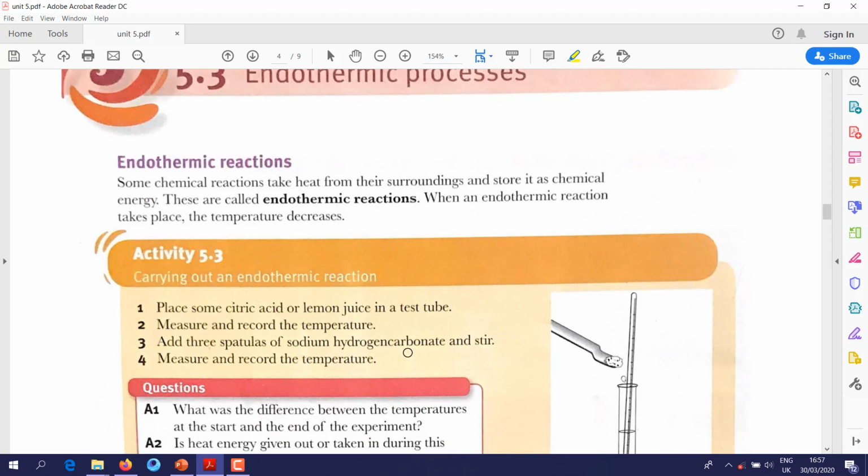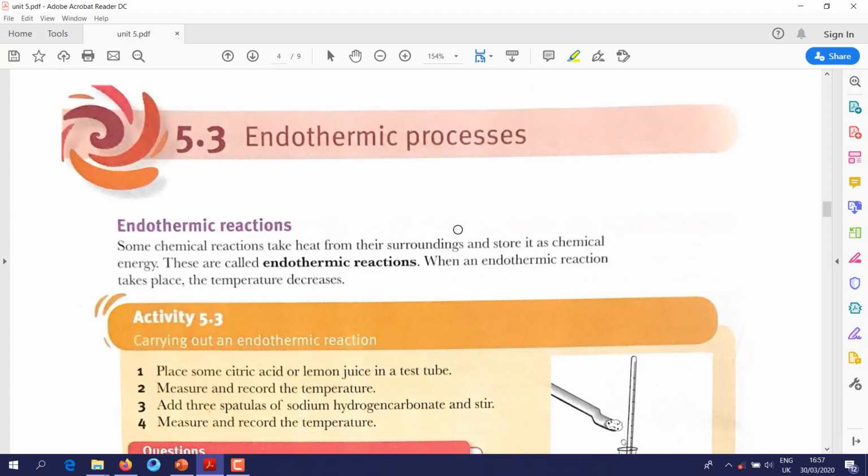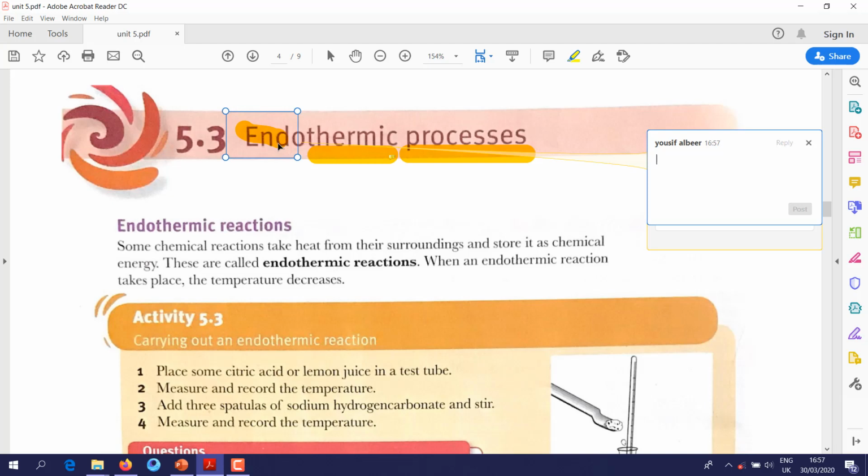Endothermic process. An endothermic process is the opposite of an exothermic reaction. Thermic, we said, means heat, and endo means in.